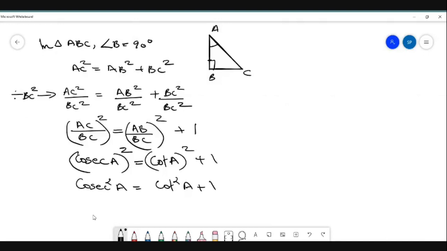Here also we can rearrange the two more equations. That is cosec square A minus cot square A equal to 1 and cosec square A minus 1 equal to cot square A. These are the three relations.